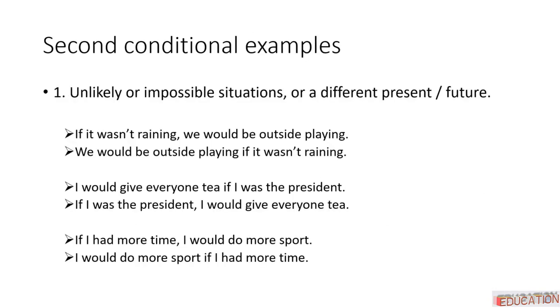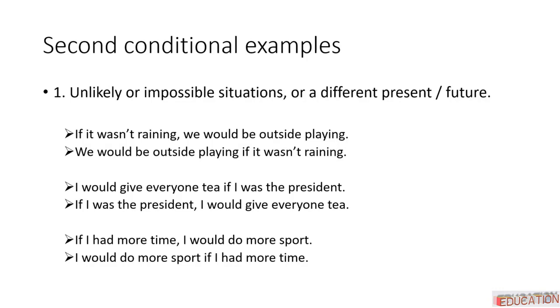So here are some examples of impossible or unlikely situations with a different present or future. If it wasn't raining, we would be playing outside. Well, the thing is, it is raining, and that's why we can't play outside. Or if I was president, I would give everyone tea.